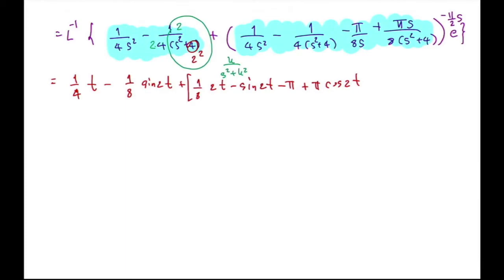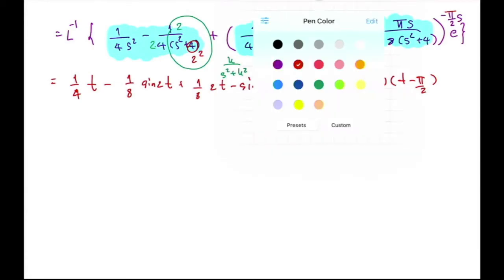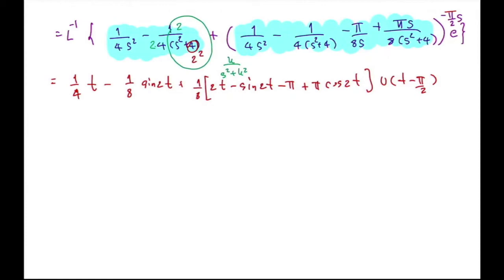There should be a bracket here, e to the minus, sorry, that turned into u of t minus half pi. Sorry, I put the wrong bracket here. It should be in here. Okay, let me look at it term by term. This term becomes this term.